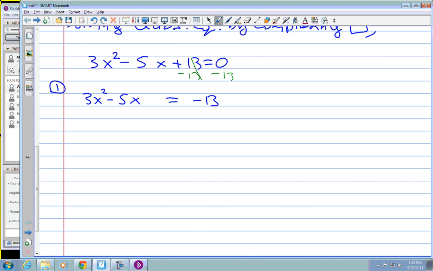Then you divide both sides by 3. Very good. The next step is to divide both sides by 3 because we don't want anything in front of x squared that messes us up when we're trying to complete the square. So if you divide both sides by 3, you'll end up with x squared minus 5 thirds x equals negative 13 thirds.